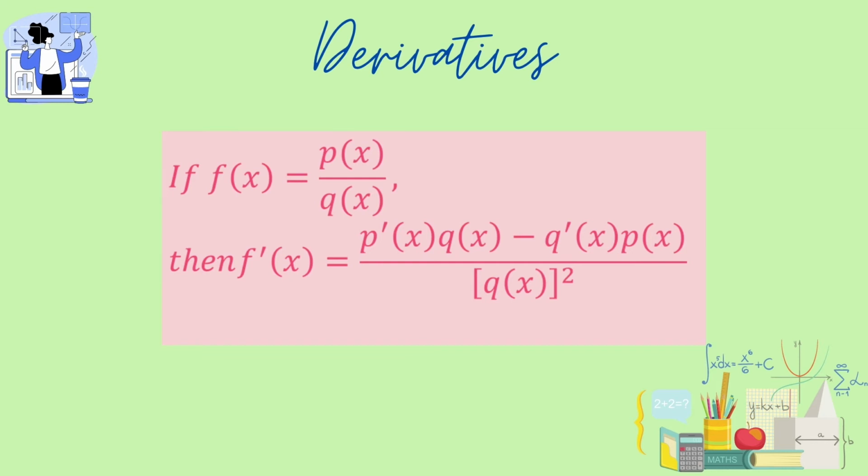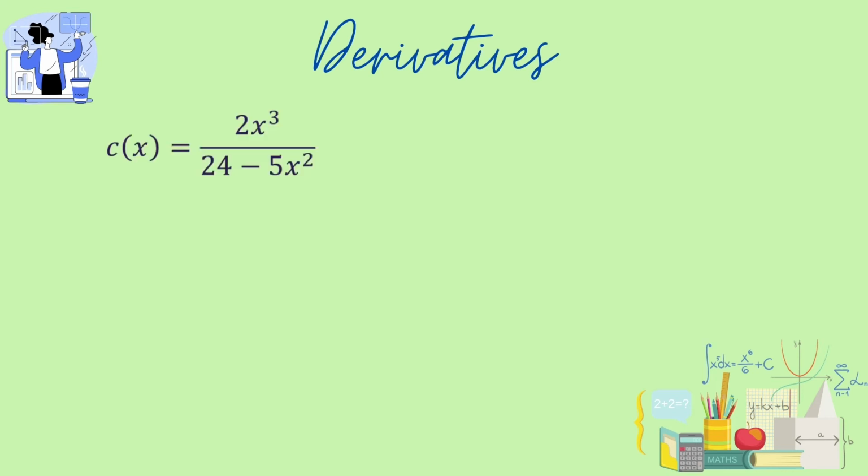In this example, c of x is equal to 2x cubed over the binomial 24 minus 5x squared. To find its derivative, we start with the derivative of the numerator, which is 6x squared, and multiply it with the denominator 24 minus 5x squared.